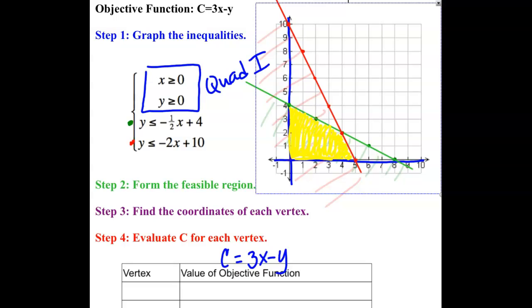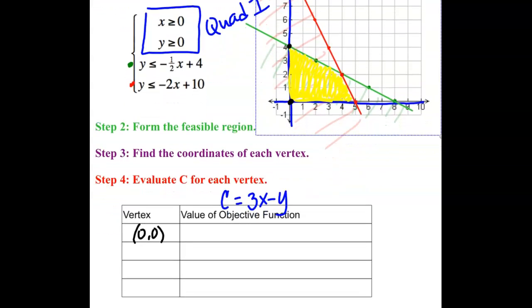Step 3 then is to find all of the different vertices of that region. So our first one is 0, 0. Our next one would be this point, 0, 4. And notice that not every point that we plotted to get our lines drawn will actually be a vertex that we're going to use.